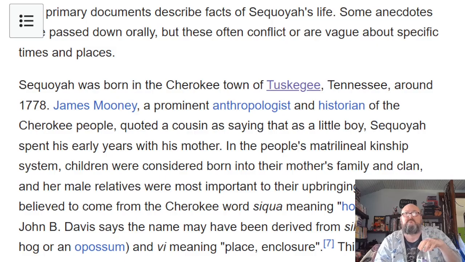But Cherokee, and they're not the only ones to do this. Again, there are other systems that do this. I think the Vikings were matrilineal. I know they gave a lot of power to the women. Anyway, they might have been matrilineal Vikings, but again, women in the society had a lot of power.